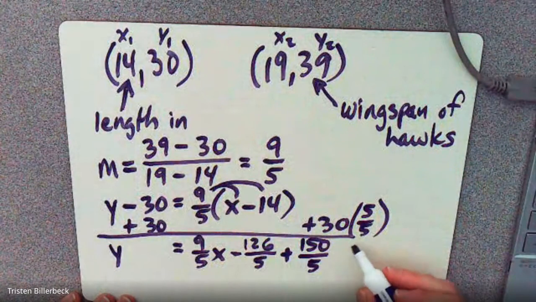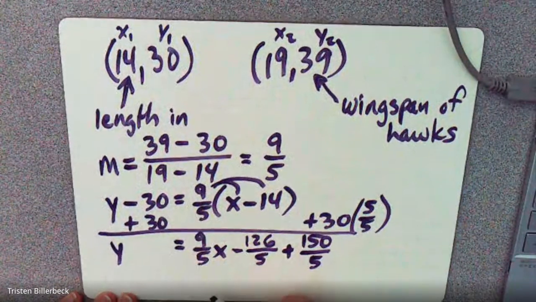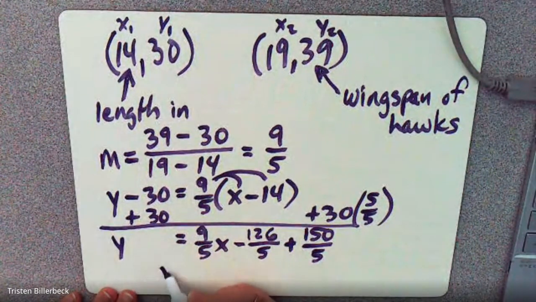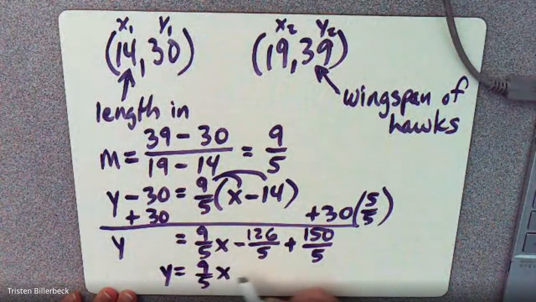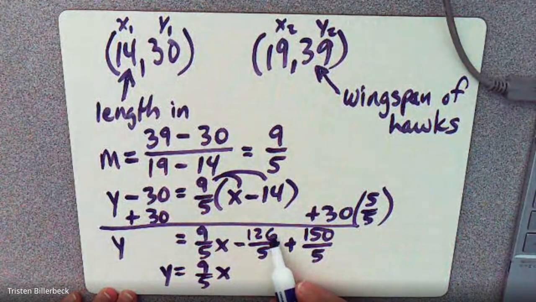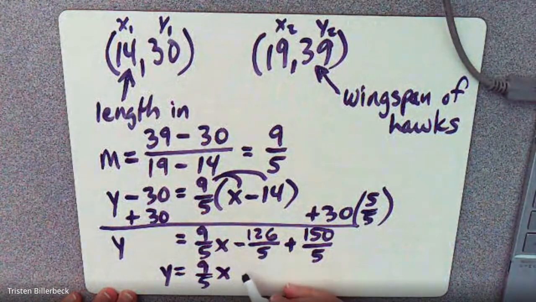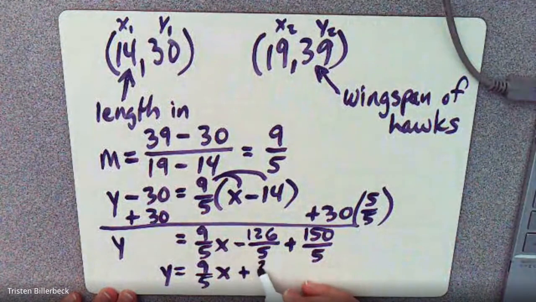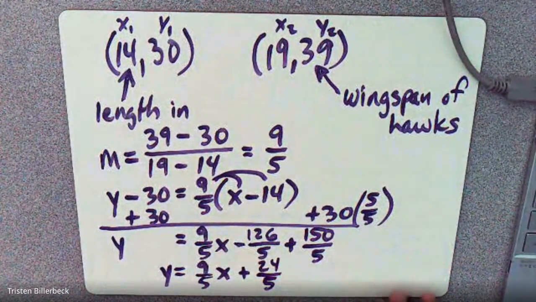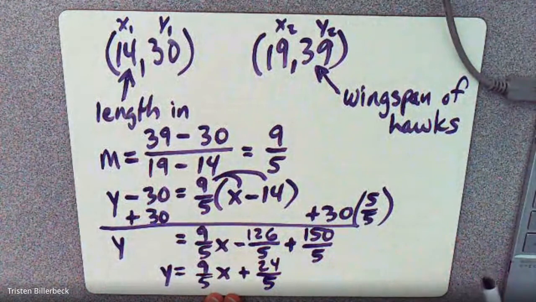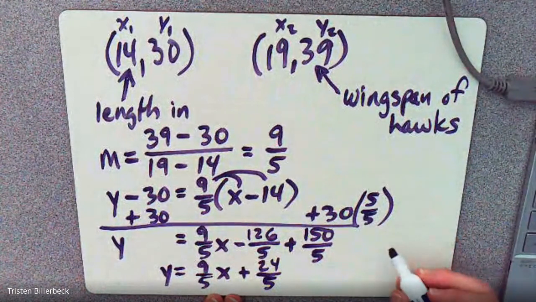So then our line of best fit becomes y equals 9/5 x, and that's going to be, if we add 4 to that, that gets us to 30, so 24. So we have plus 24/5, this is our y-intercept. Okay, so let's take a look at what does 24/5 mean.